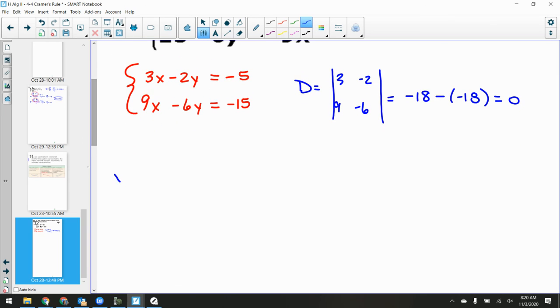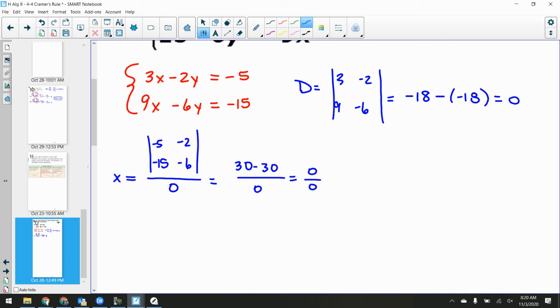Well, let's start with x. I would put it over 0. I know that kind of weirds me out too, but let's just have it right there for right now. And now for x, I replace the 3 and the 9 with negative 5 and negative 15, and we keep the negative 2, negative 6. So let's see what happens in the numerator determinant. If this comes out to be 0, it's an infinite solution. We have a positive 30 minus positive 30.